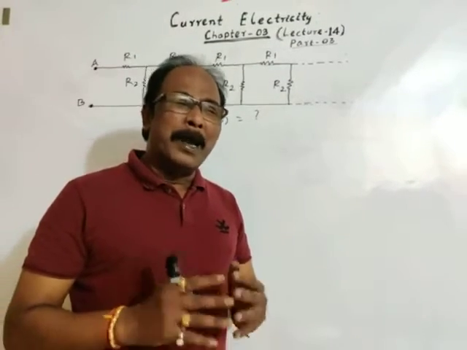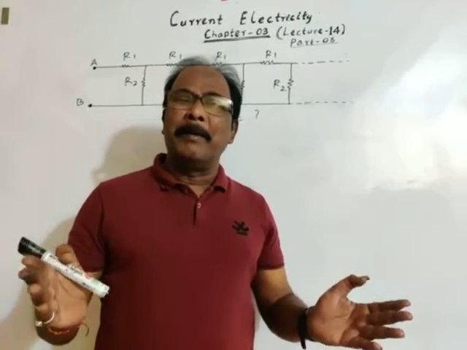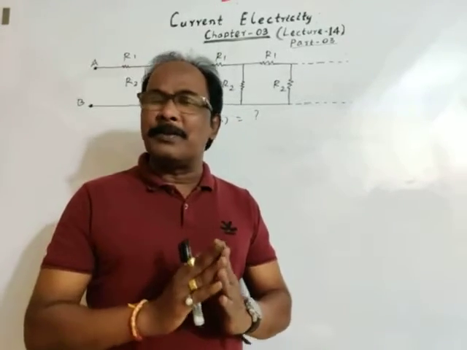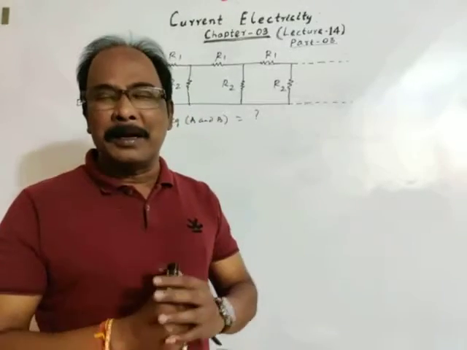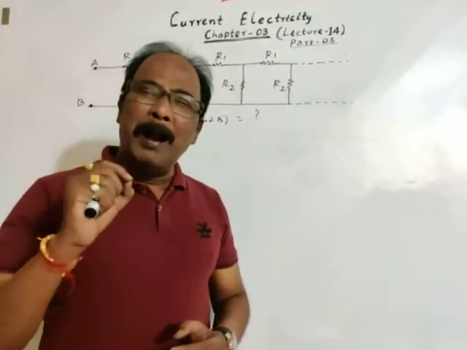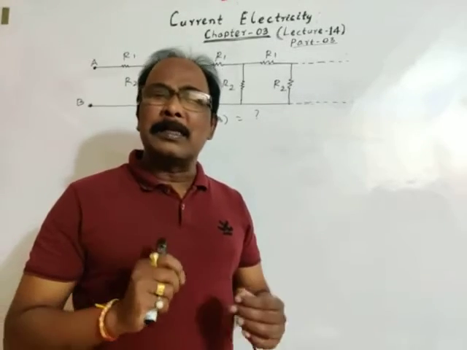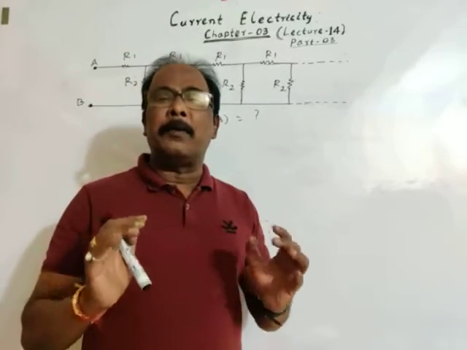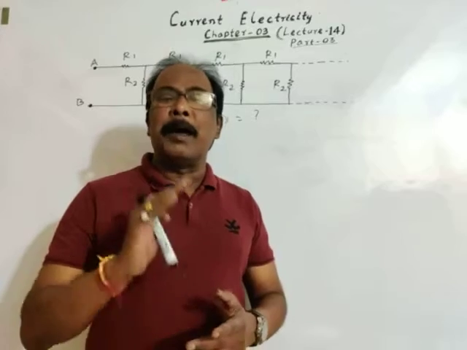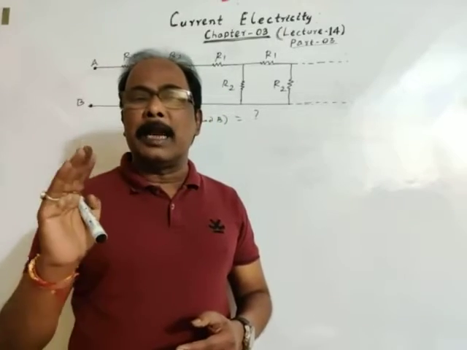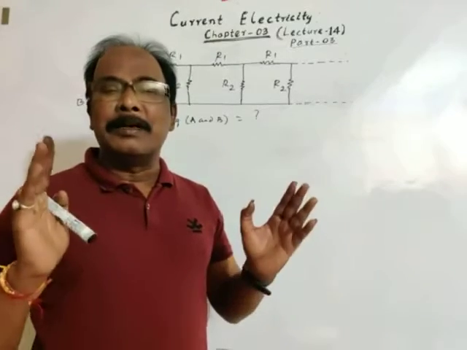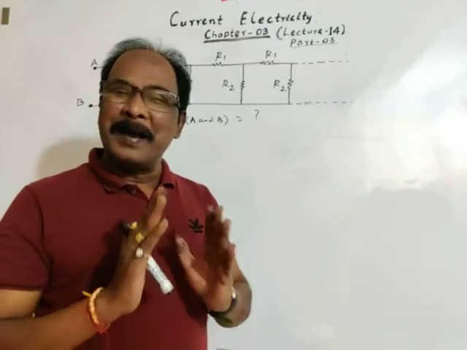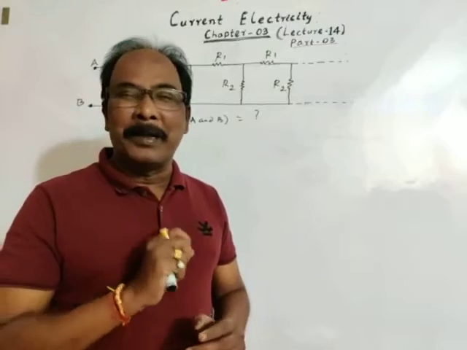And of course, we discussed how to find potential difference in series grouping of resistors and current in parallel combination of resistors. In part 2, we discussed how to find equivalent resistance by applying potential method.